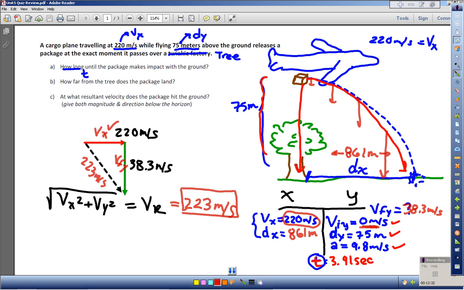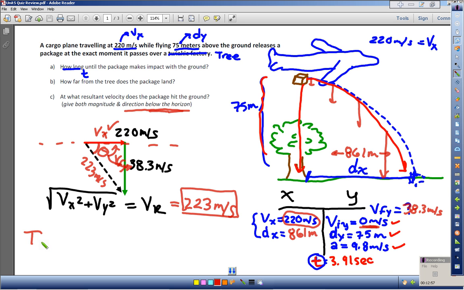But the question also asks to give the direction below the horizon. In other words, if this is the horizon, it wants you to find the angle below that horizon that the object makes impact with. At this point, it should be simple using trigonometry, using the opposite side and the adjacent side.